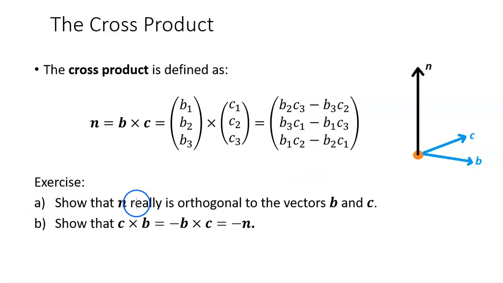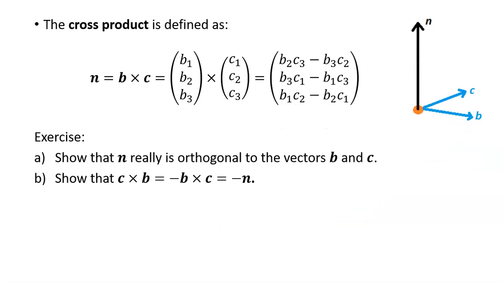Alright, we have an exercise here. Show that n really is orthogonal to the vectors B and C. No problem.